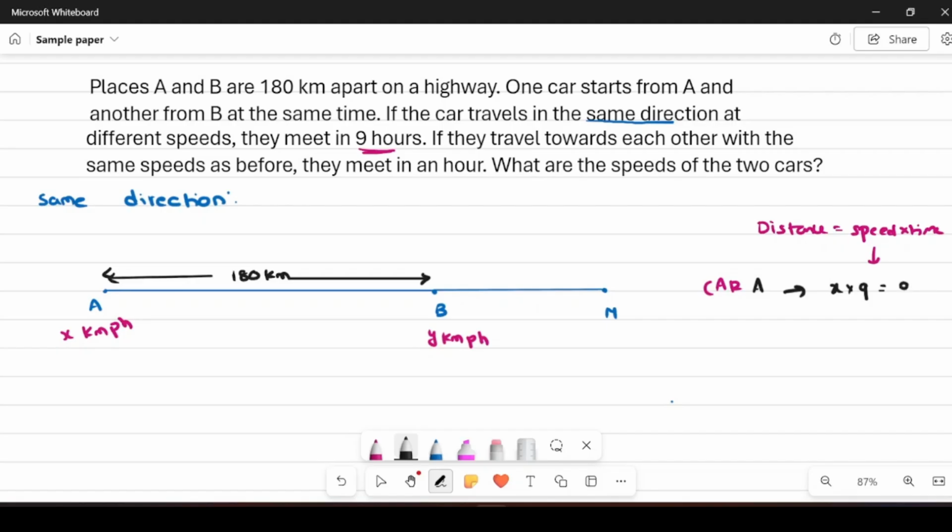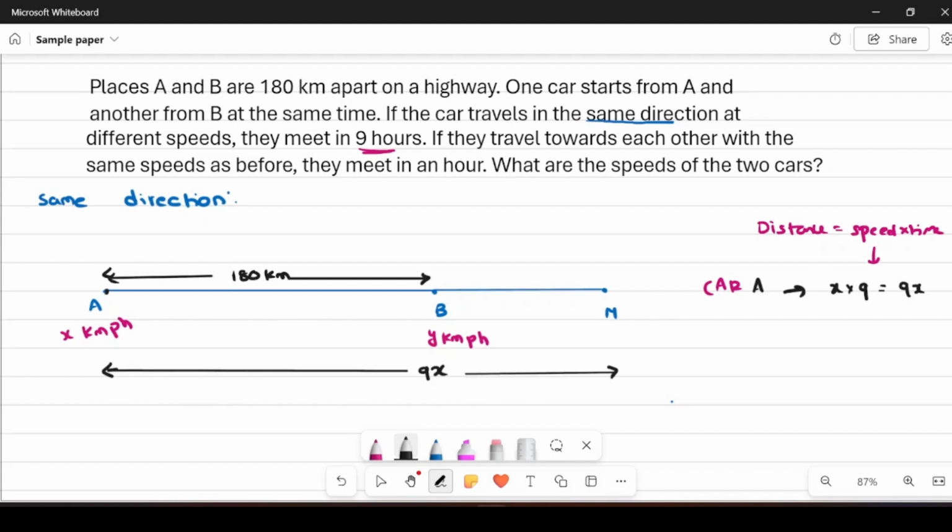That means the distance it will travel is 9x, right? So from point A to point M, it has to travel 9x kilometers.